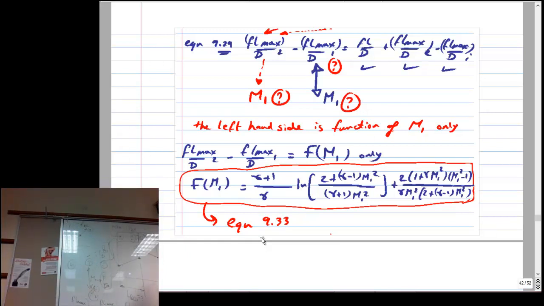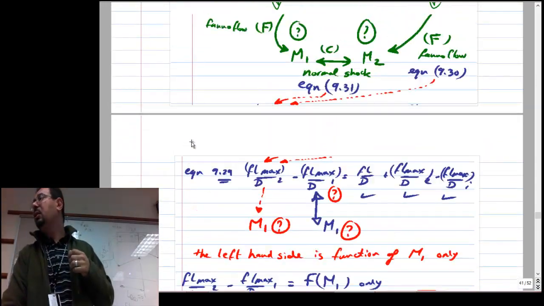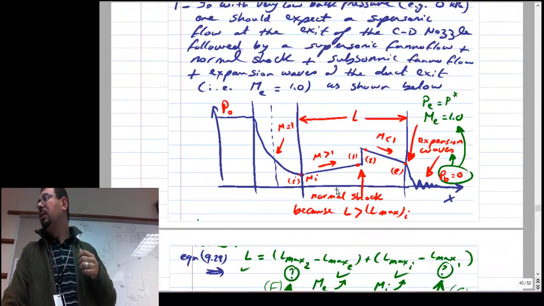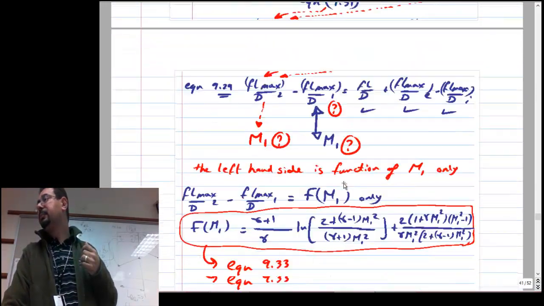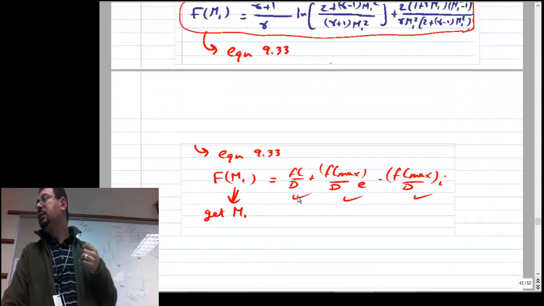But I need to know the left-hand side, right? What is that left-hand side? It's basically this. It's FL max over D at 1 minus FL max over D at E. Sorry, it's actually this.